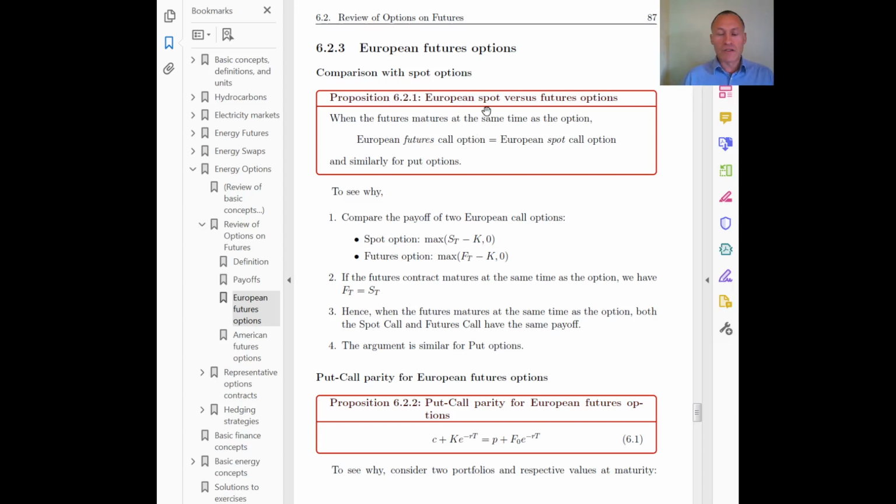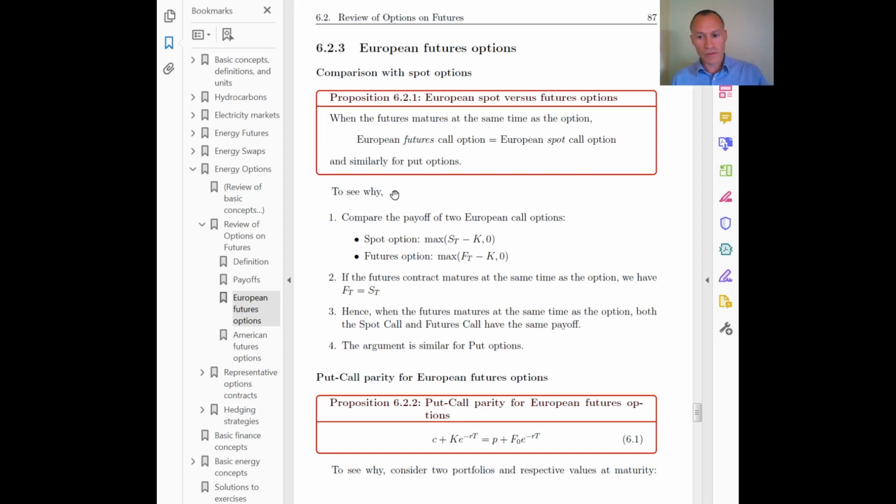If that is the case, which is what we have in practice here, then a European futures call option is the same as a European spot call option. So within this European framework, a futures option is equal to a spot option. They work the same. They are valued the same.